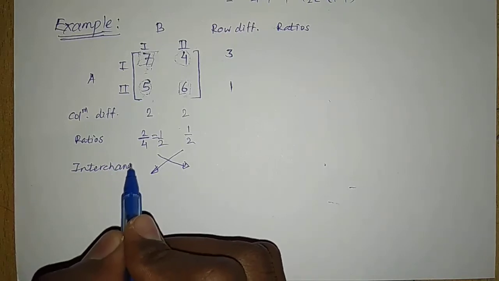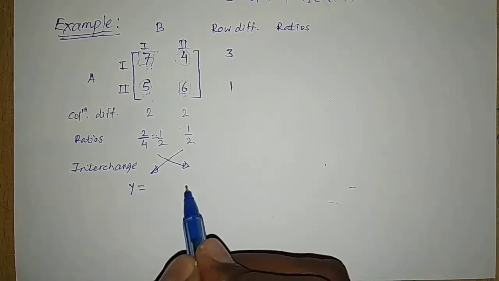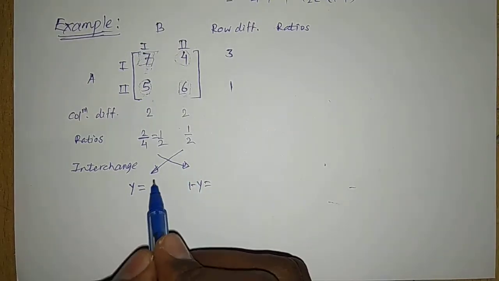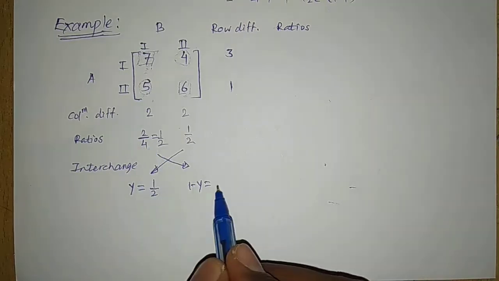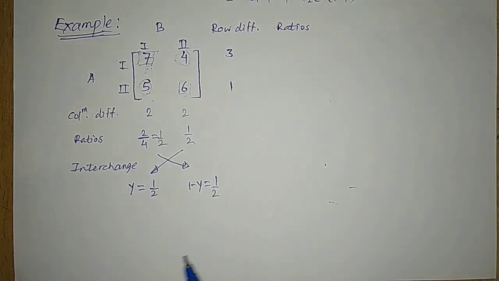It will give us the value of y and 1 minus y. So the value of y will be 1 by 2, and the value of 1 minus y will be 1 by 2. So we get the probabilities of strategies 1 and 2 for player B respectively.